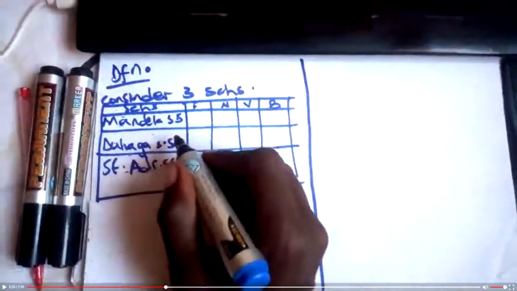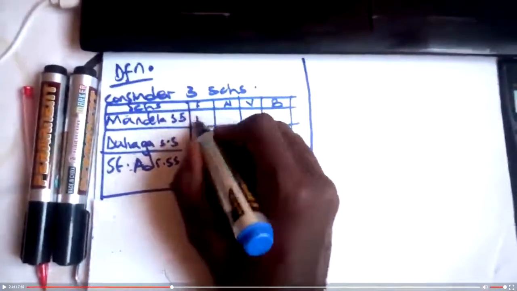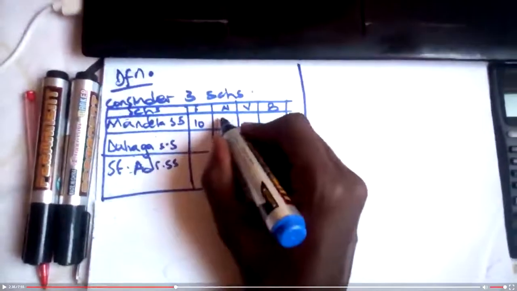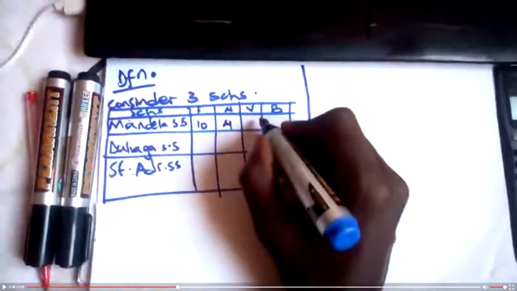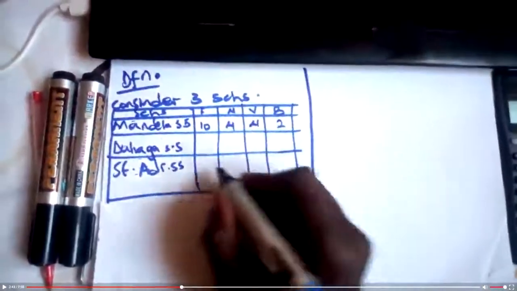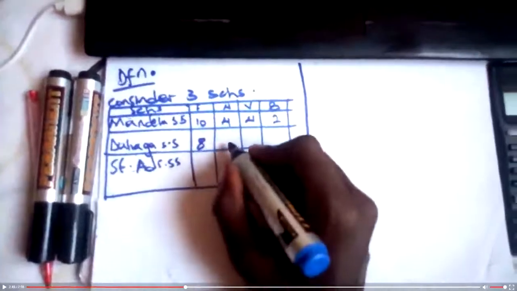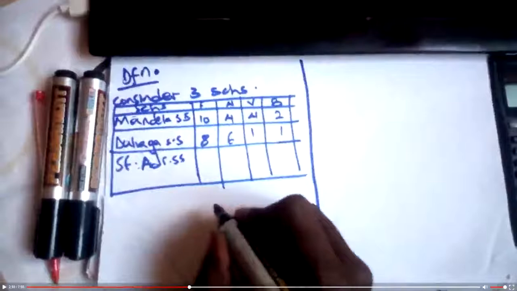Let's consider that Mandela Secondary School, football, maybe it got 10 points, and under netball it got 4 points, volleyball it got 4, and basketball it got 2. Let's consider that Duhaga got 8 points football, 6 points for netball, 1 point for volleyball, and 1 point for basketball.